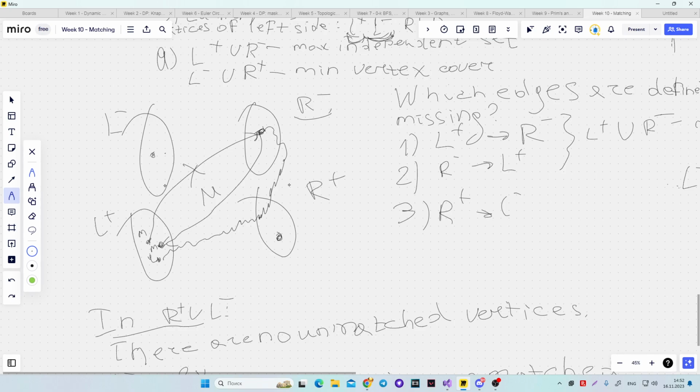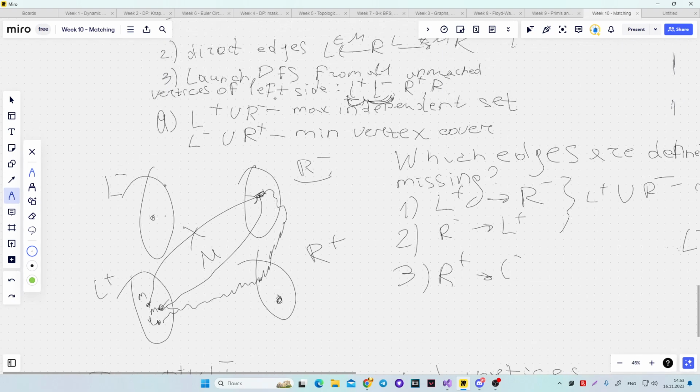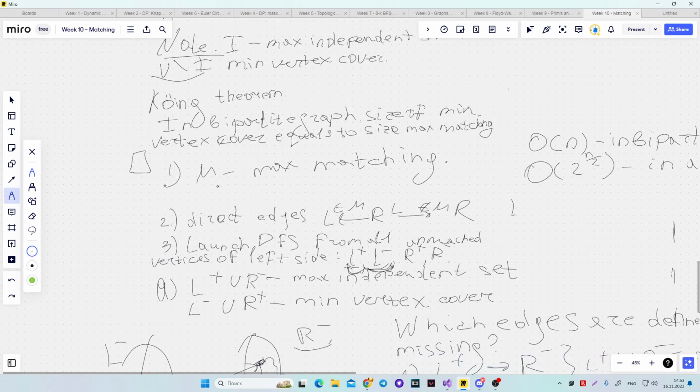L minus to R plus exists? No. We just considered. We are interested in only this kind of edges, located from R to L. That means it belongs to our matching.